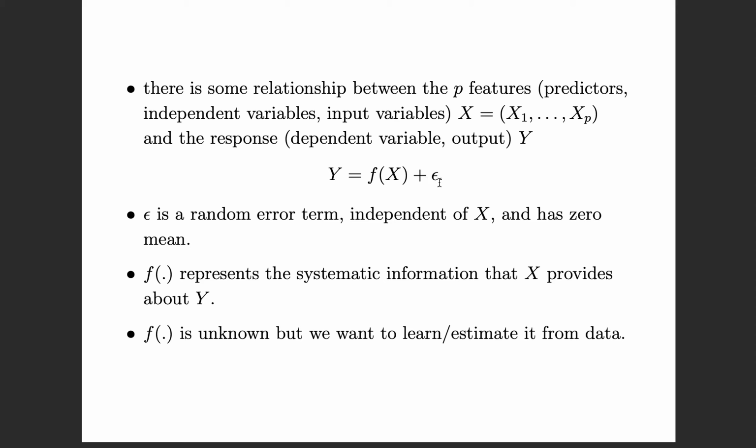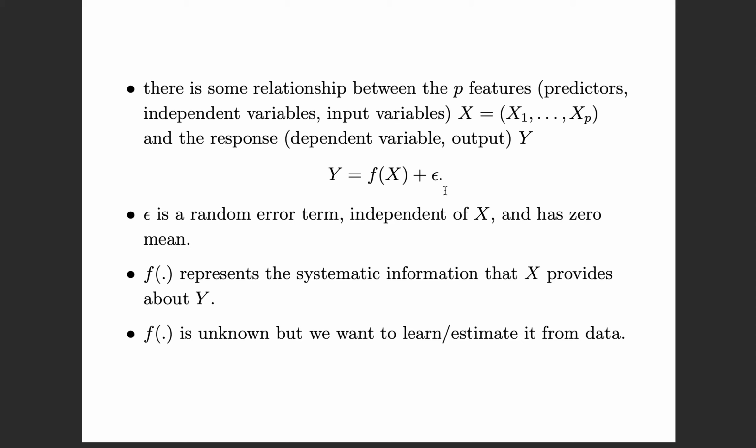There's some noise added. This noise is some irreducible error. It's a random error, and essentially everything that cannot be explained in the response by x is just expressed by epsilon.